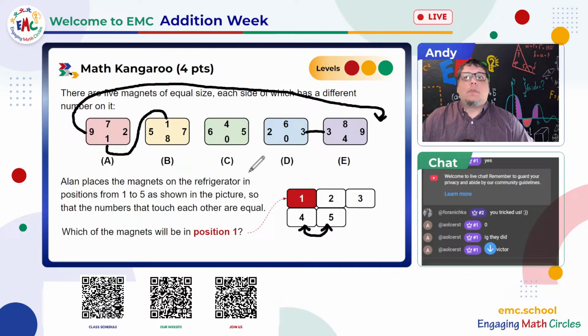But now we see a problem, right? If we had pink above yellow, pink is the last one in a chain of three. That would mean that we'd have pink here and yellow here, but there's no magnet there.